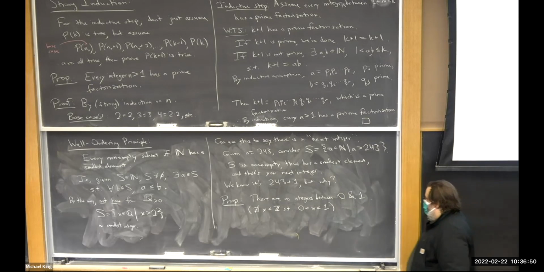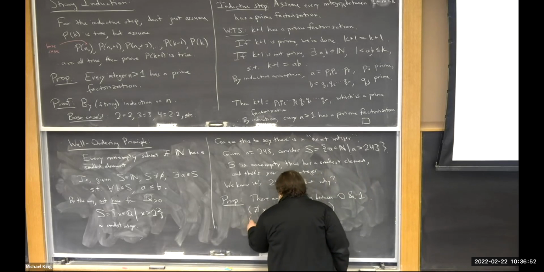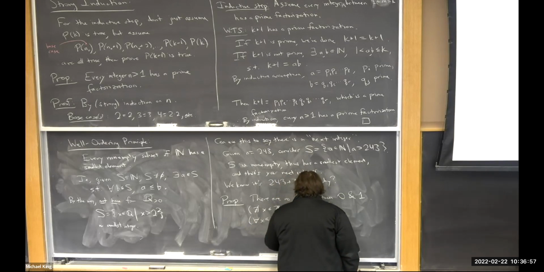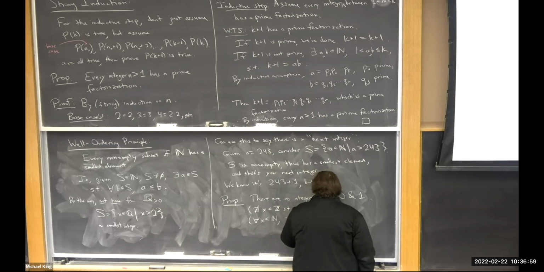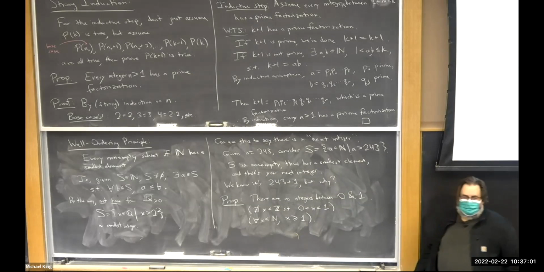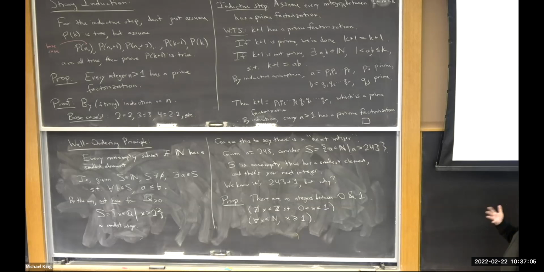Or you could say, for all x in the natural numbers, x is greater than or equal to 1. We're saying 1 is the smallest natural number, because we know everything that's greater than 0 is a natural number. We proved that.